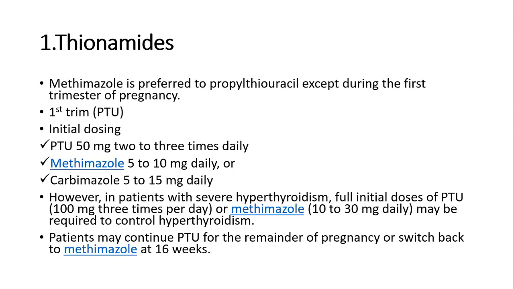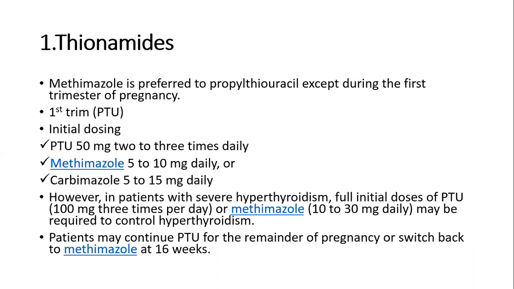So for the thionamides, we have methimazole, which is preferred to propylthiouracil, except during the first trimester of pregnancy. During the first trimester, you should prefer propylthiouracil, with an initial dosing of 50 milligrams 2 to 3 times per day. You can also use methimazole 5 to 10 milligrams daily, or carbimazole 5 to 15 milligrams daily.